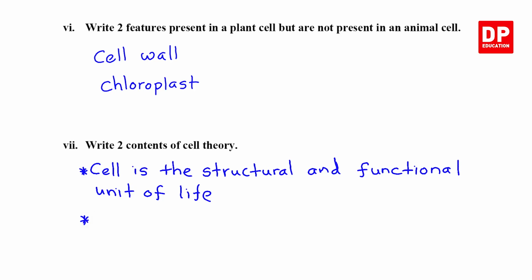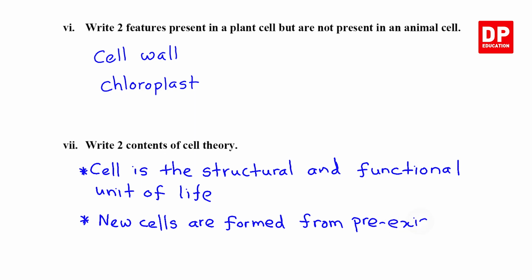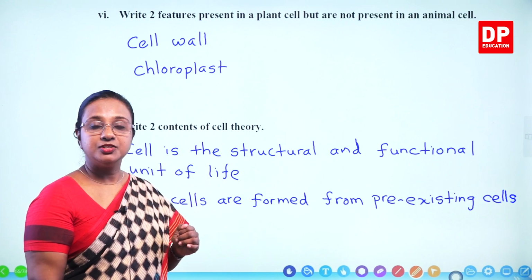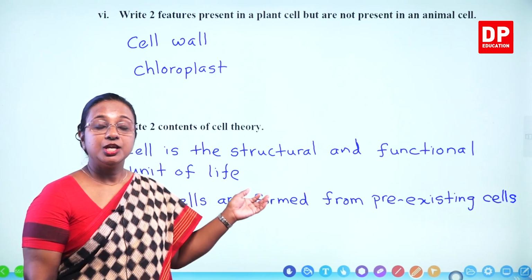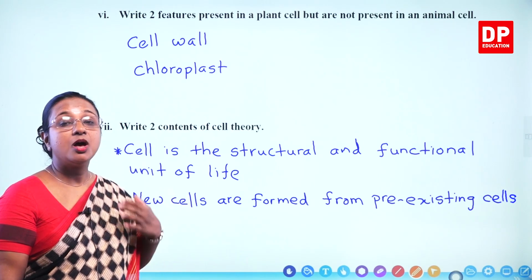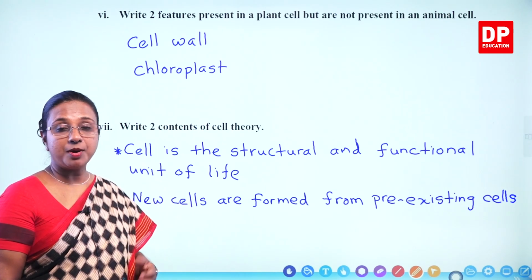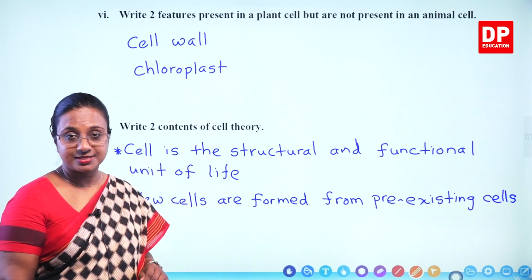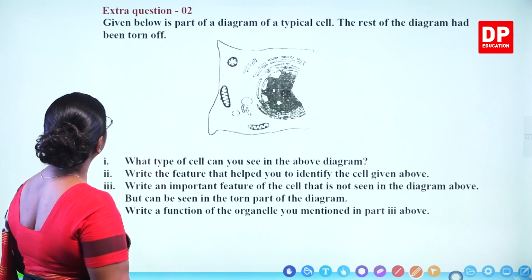Then I will say new cells are formed from pre-existing cells. So those are the two contents I have written. You can also include that all organisms are made up of one or more cells. We will move on to the next question.